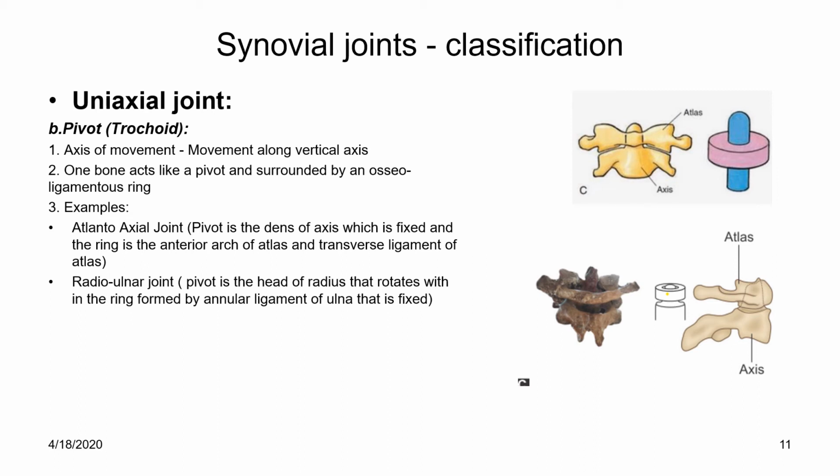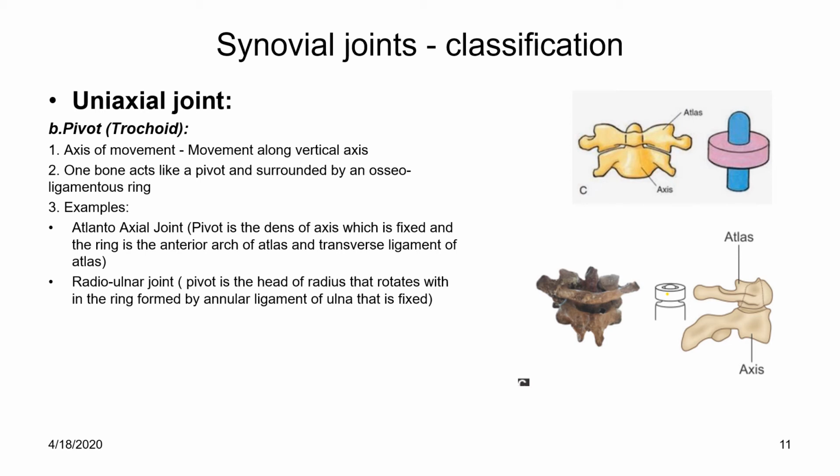Examples for the pivot joint: the atlanto-axial joint, which is between the first and second cervical vertebrae, the atlas and axis. The pivot is the dens of the axis vertebra, which is fixed, and the ring is formed by the anterior arch of atlas and transverse ligament of atlas.